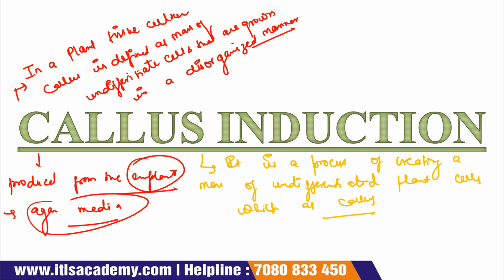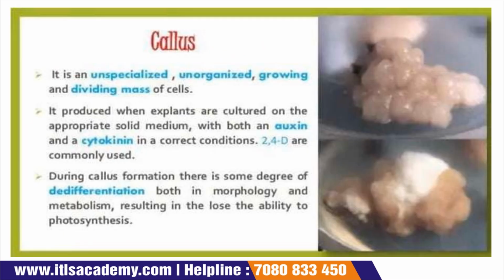In today's lecture we are going to see how this process works, and how this undifferentiated mass of plant cells, called callus, can be grown. So in this lecture we are going to discuss it. Now let's start today's lecture.